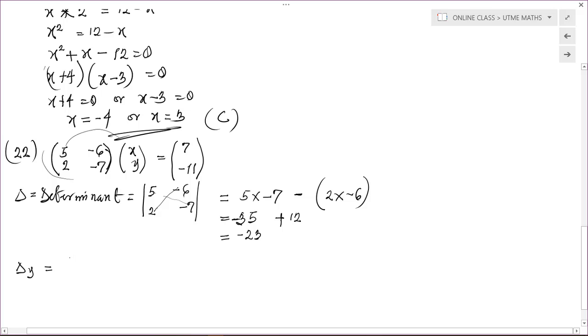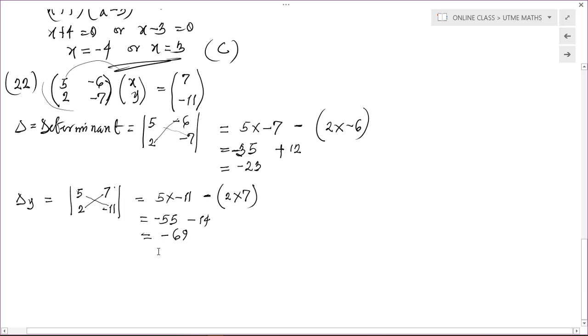That will give us something like this, 5, 2, where we replace the position of minus 6 with 7, and the position of minus 7 with minus 11. Multiply like this again: 5 times minus 11 minus, in brackets, 2 times 7. That will give us minus 55 minus 14, which is equal to minus 69.